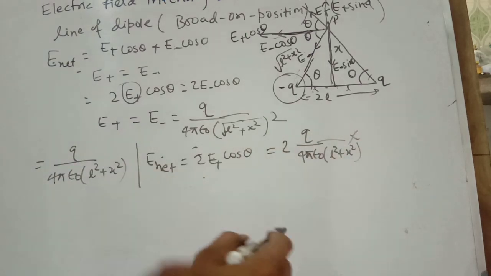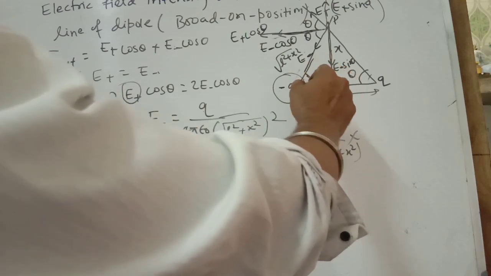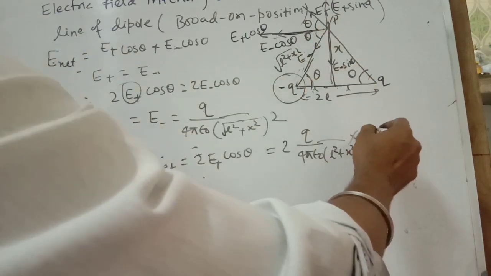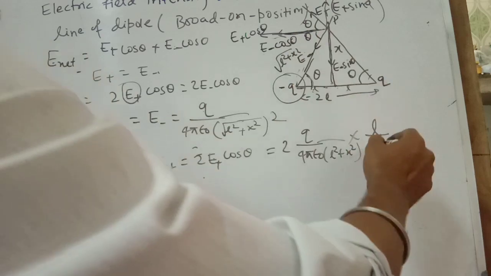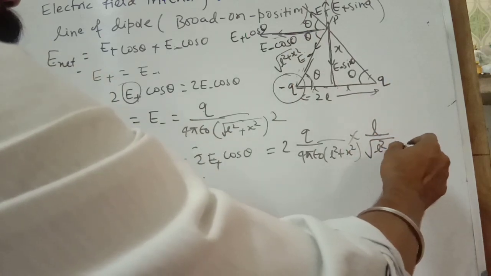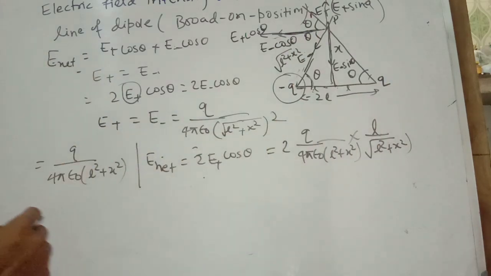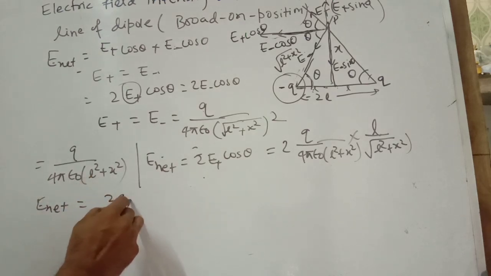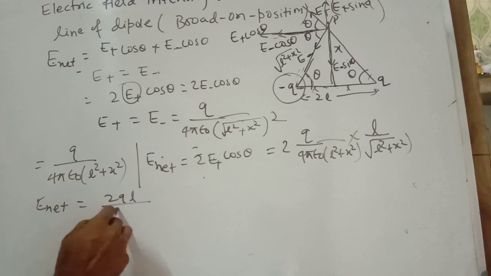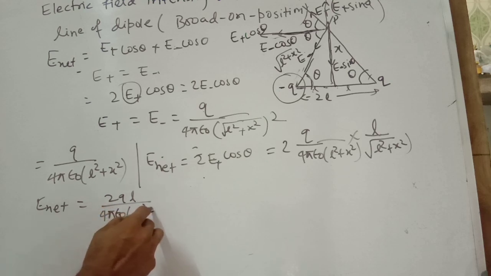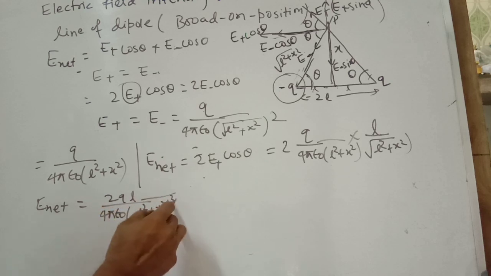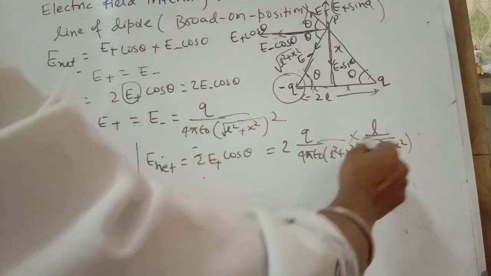Cos theta is equal to base by hypotenuse. The base is L and the hypotenuse is the square root of L square plus x square. So E net is 2QL over 4 pi epsilon naught into L square plus x square to the power 3 by 2.